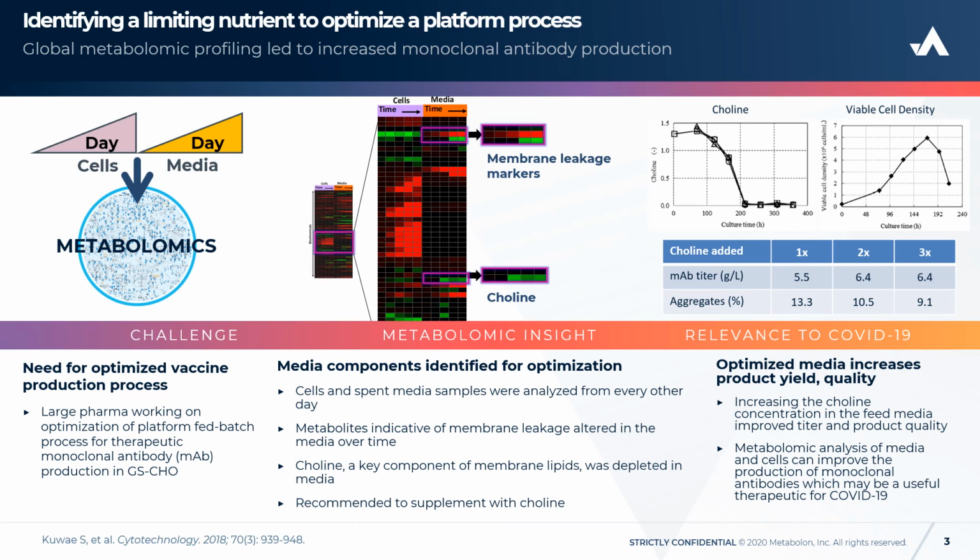Based on the metabolomics and the recommendation to the researchers to supplement the media with choline, they were able to increase their monoclonal antibody titer. Not only that, the percentage of aggregates was found to be reduced, which is an indication of improved quality. Optimizing this media and product yield allowed for saving time and money.